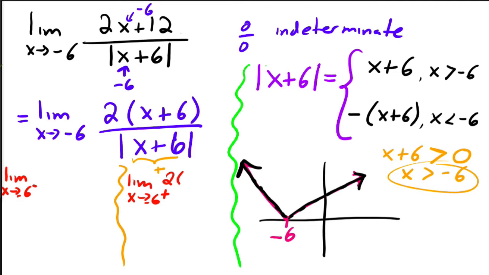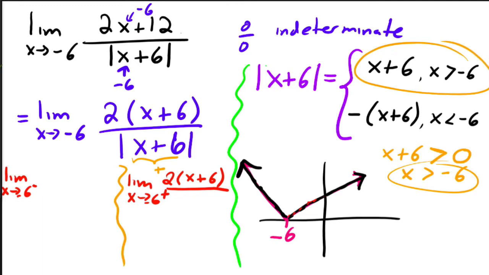As you're approaching from the right, I'm just going to leave the top alone. As you approach -6 from the right, the values are going to be greater than -6, correct? So since the x values are greater than -6, that means that you're going to use this function right here for absolute value.